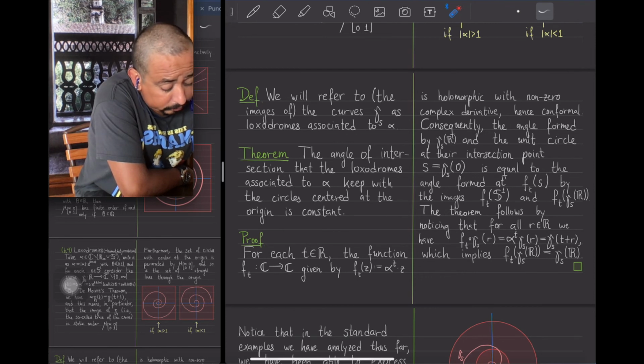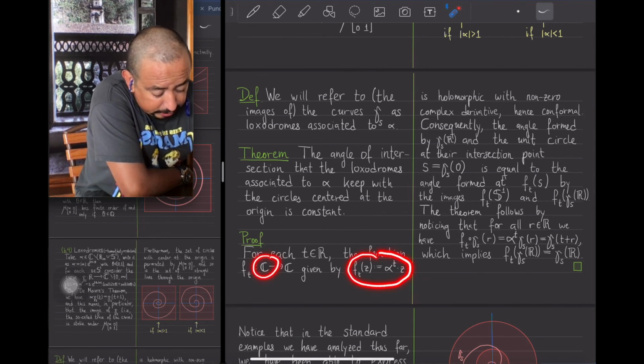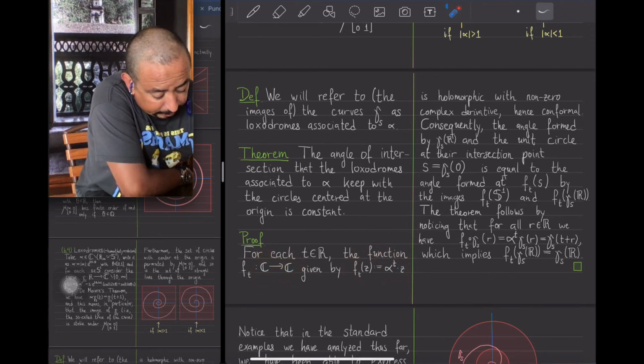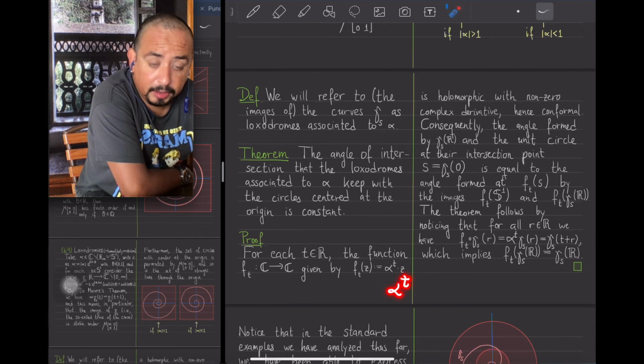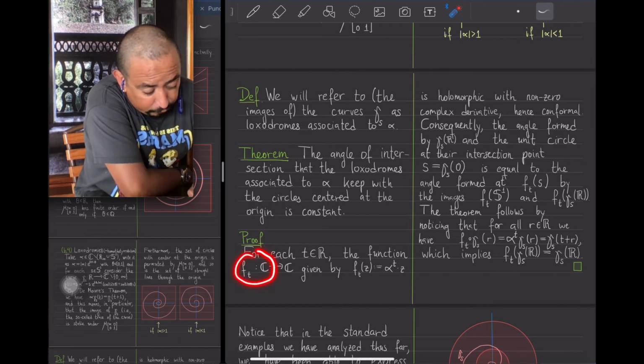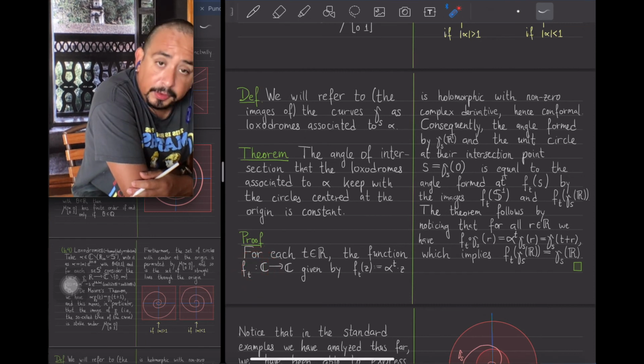And now this function, as a function from C to C, is holomorphic with complex derivative alpha to the t everywhere, and it's non-zero. So this map is conformal. That's the key point. It's conformal, so it preserves angles of intersection.